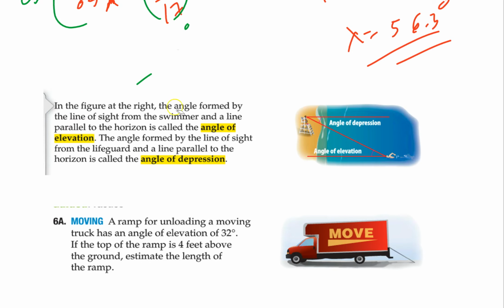Actually, most of the time I draw an eyeball to show you it's all about your perception here. So let's draw, here's my eyeball. Anyway, there's a horizontal line, and the angle above that horizontal line is elevation.